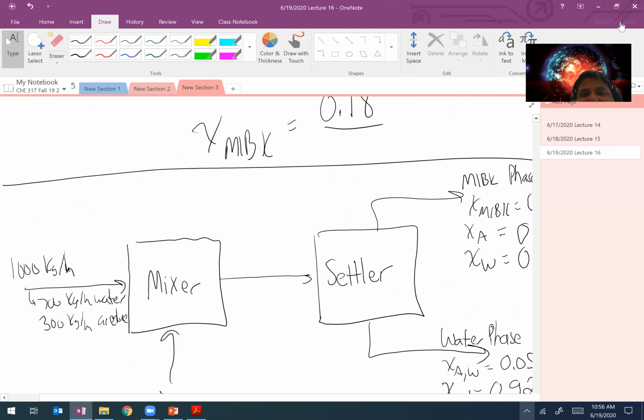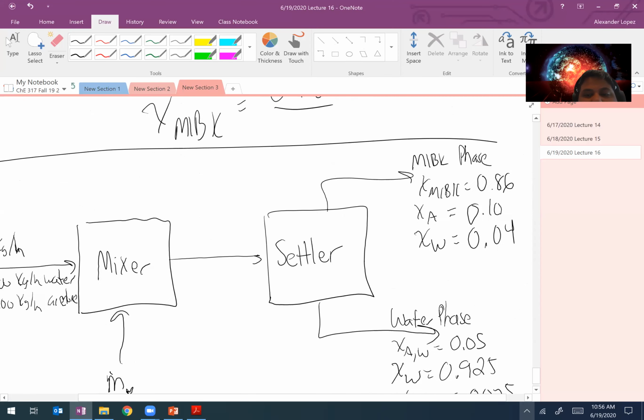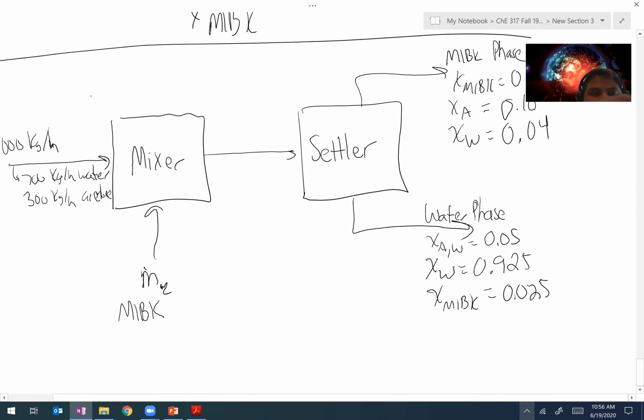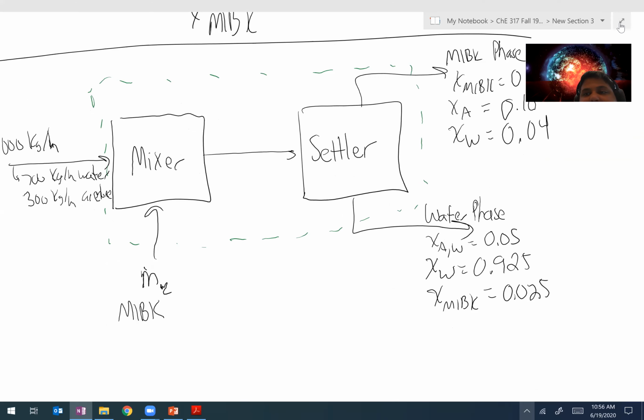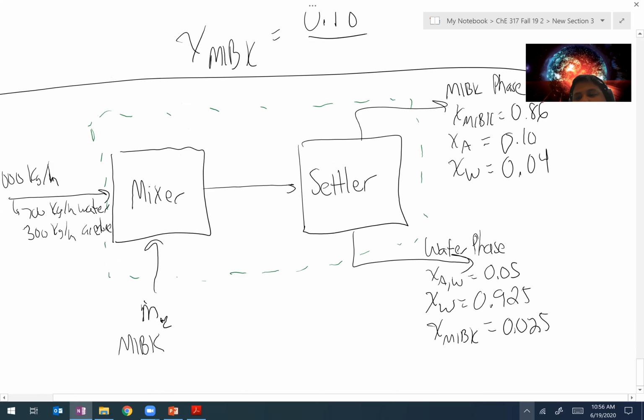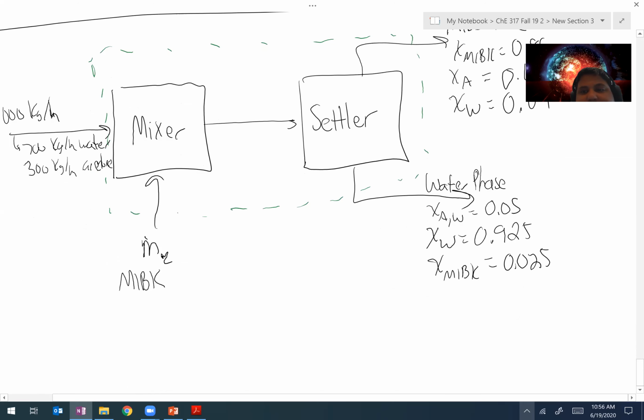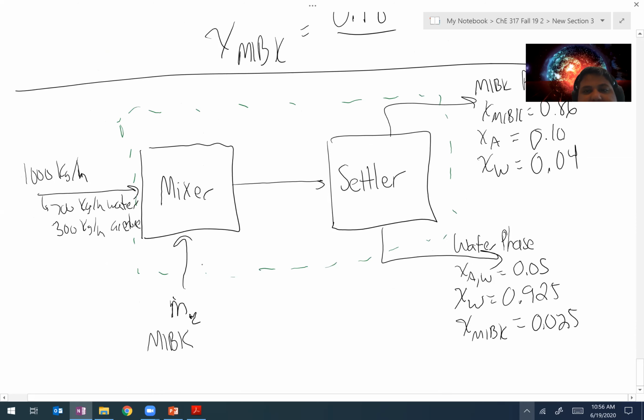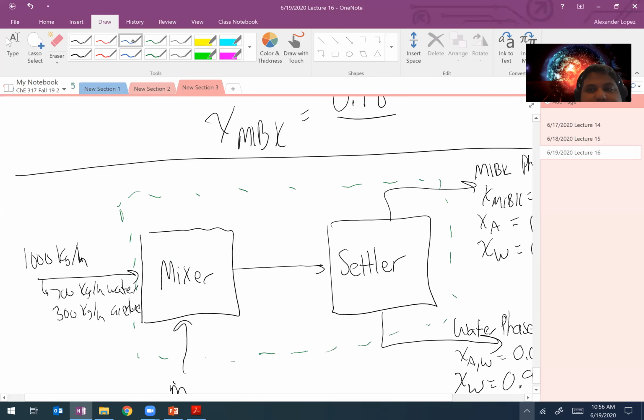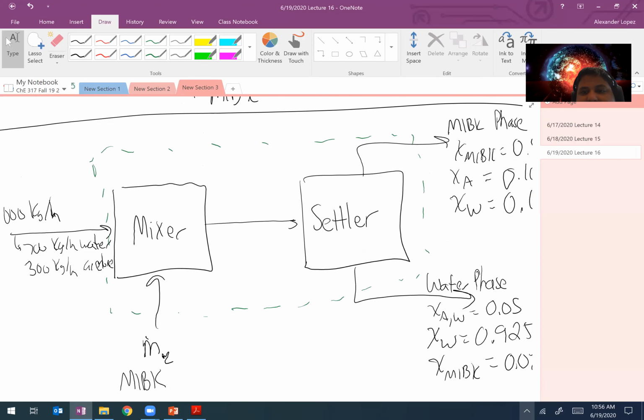So all I need to look at for this problem is an overall balance. So I can solve for this problem without having to consider that stream in between. Because what I have, if I'm going to call this M2, and I'm just going to skip the one in the middle, M3 and M4.